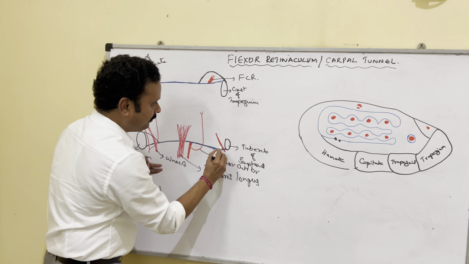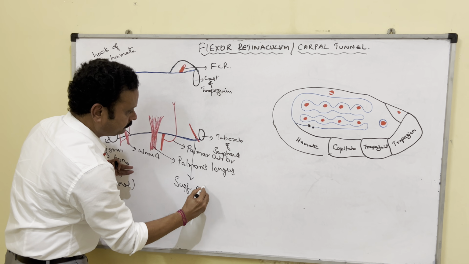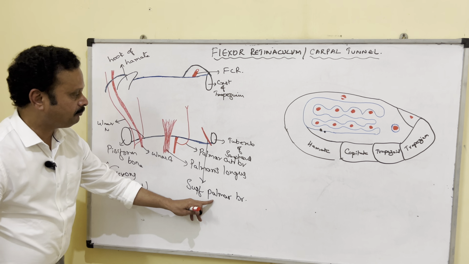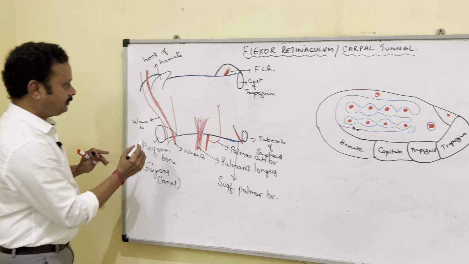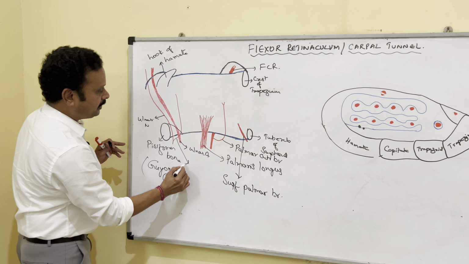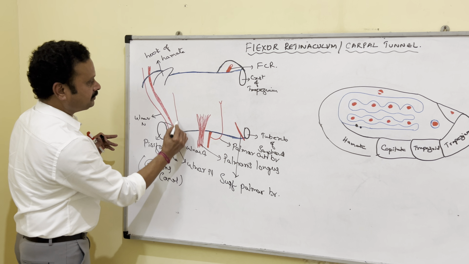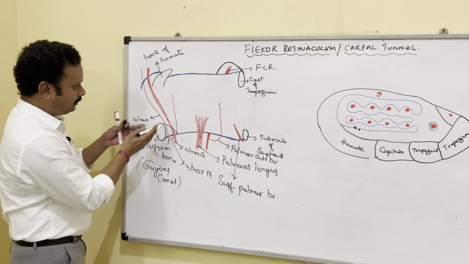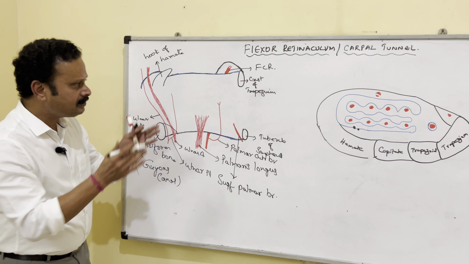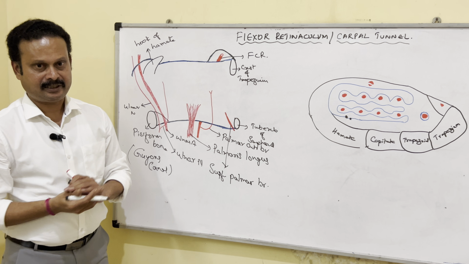This one is the superficial palmar branch of the radial artery, and similarly here the palmar cutaneous branch of the ulnar nerve, and even the ulnar nerve and vessels. All these are the structures which pass superficial to the flexor retinaculum.